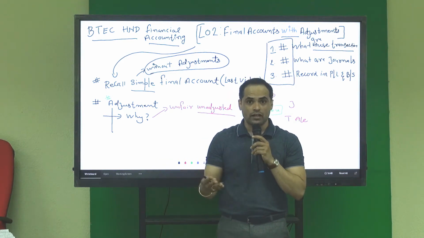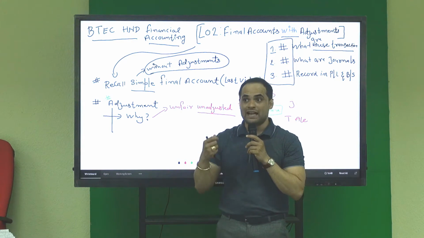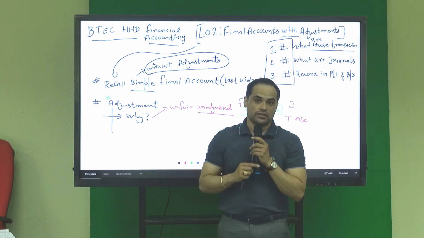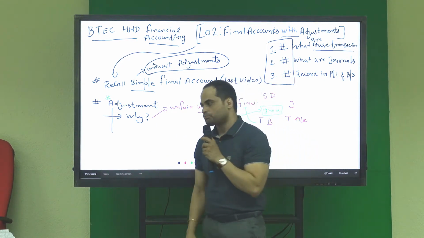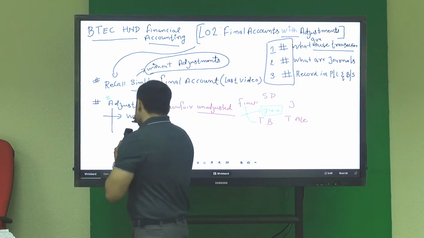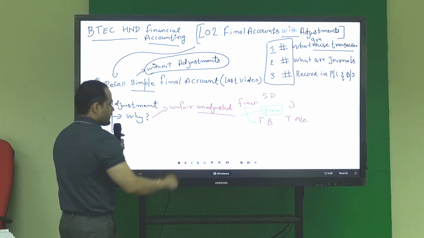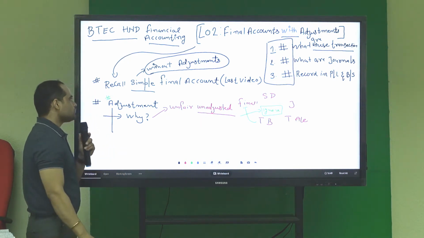True means real, fair means for everybody. So we are not hiding anything that may be important for some users to make financial decisions. That's the main idea of the true and fair view. That's why we have to do this, in order to avoid unfair information.